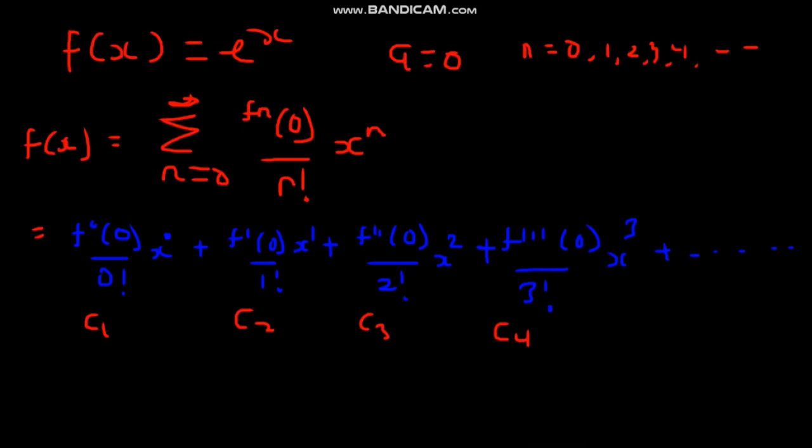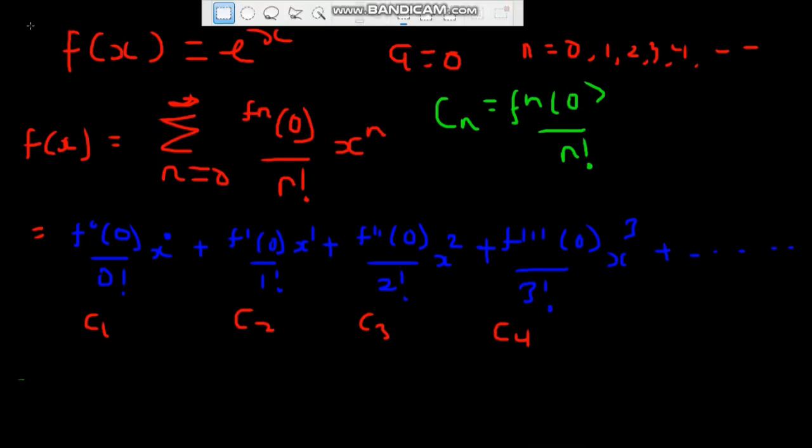But we know the general formula for this is c sub n equals the nth derivative of the function, in this case at our center 0, over n factorial. So that's what you are going to apply here. Now let's continue with this.